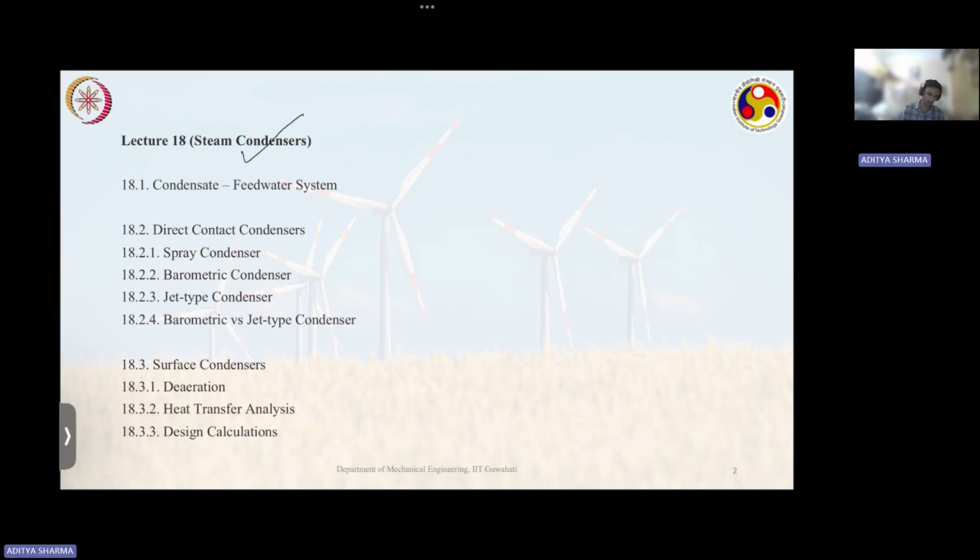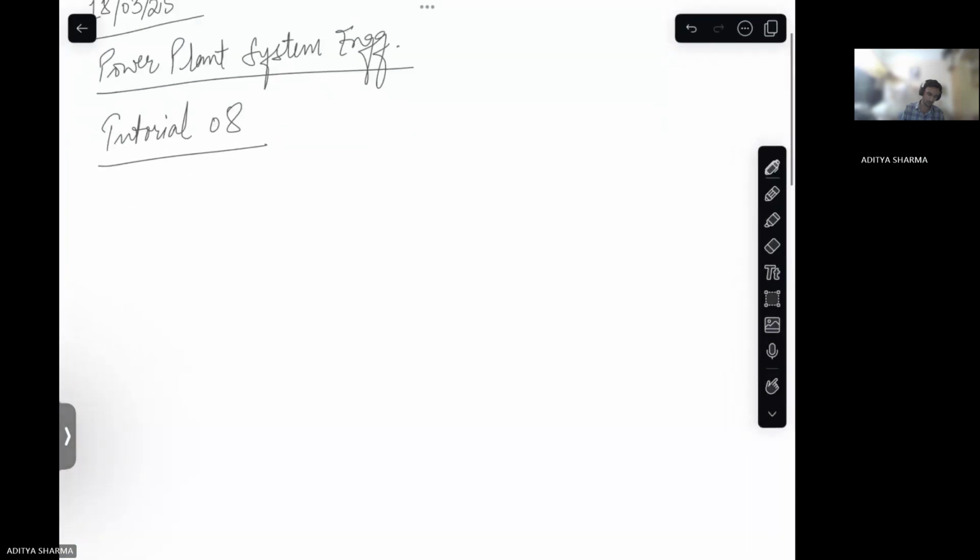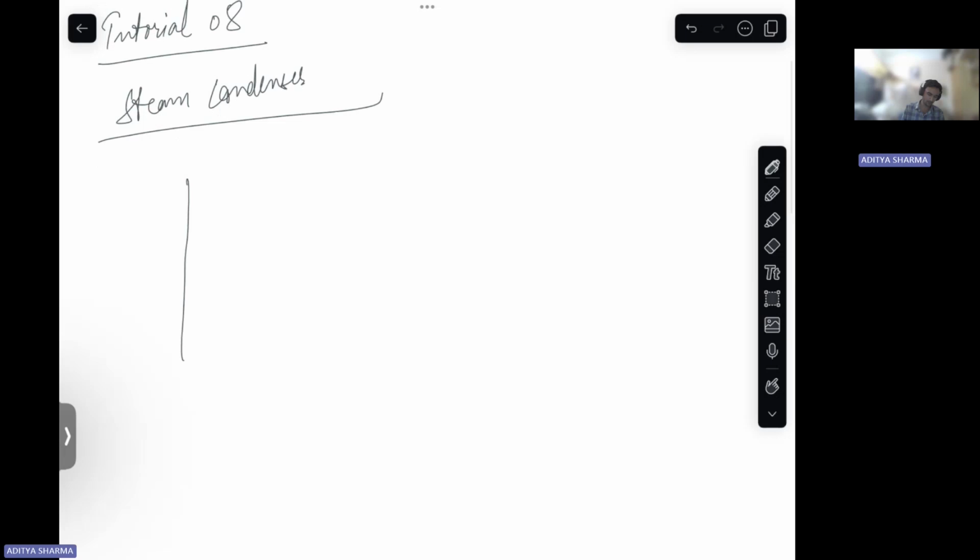The first lecture is on steam condensers. If you see your TS diagram, something like this, this part is your condenser.